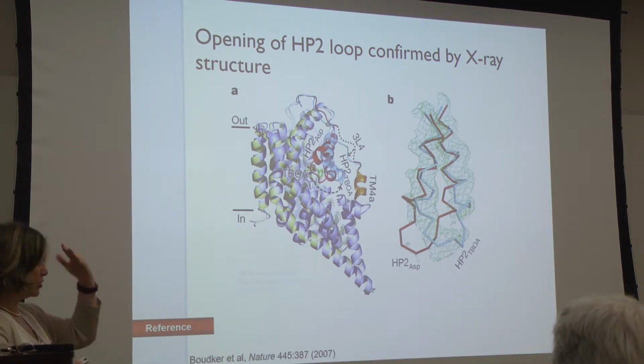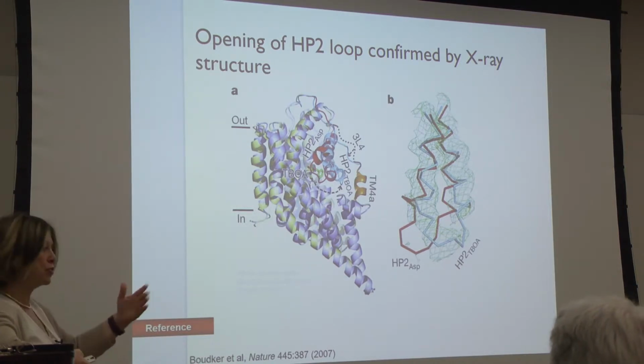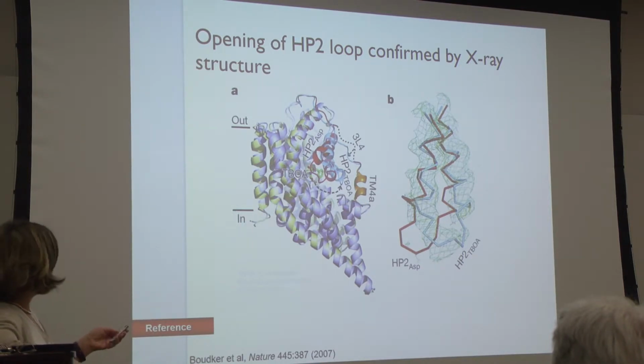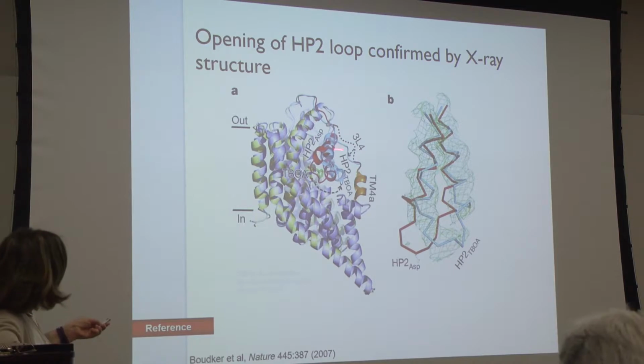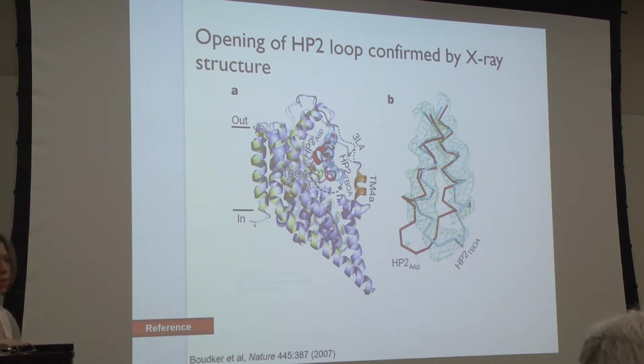Sodium ions, on the contrary, go downhill, electrochemically, let's say, in terms of their chemical and concentration gradients. So it needs to be co-transported with sodium ions. So this is the region where the sodium ion and glutamate molecule bind, okay?